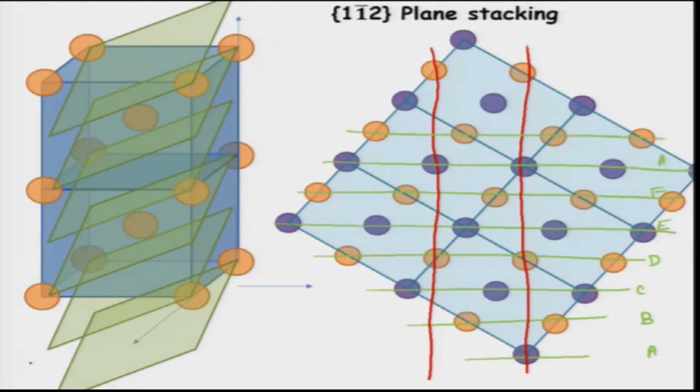So, again it starts A, B, C, D, E, F, meaning here we have not ABAB, not ABC type of packing that we saw in FCC, but even more complex in some sense, 6 layers, 6 different types.